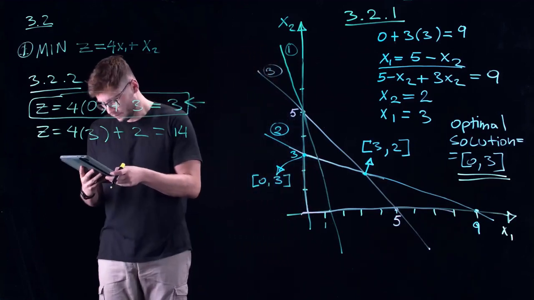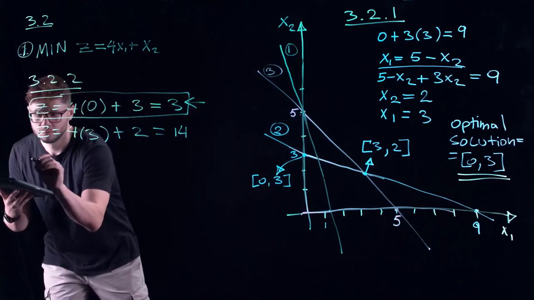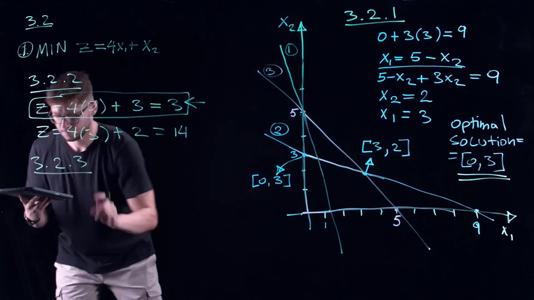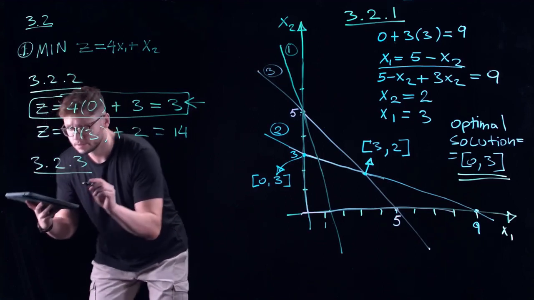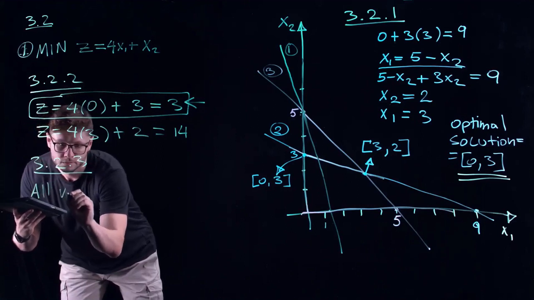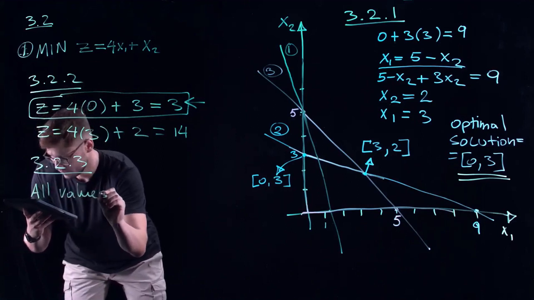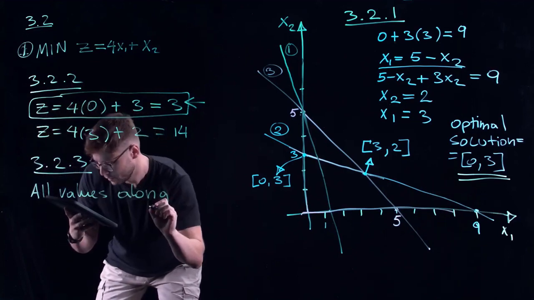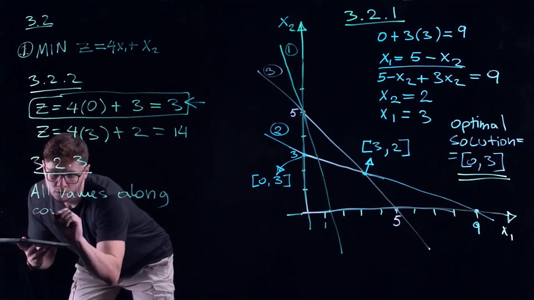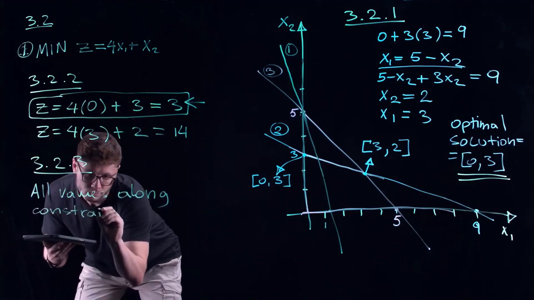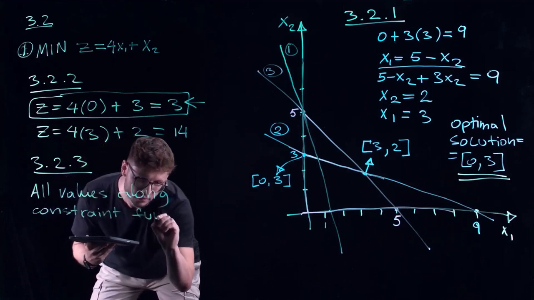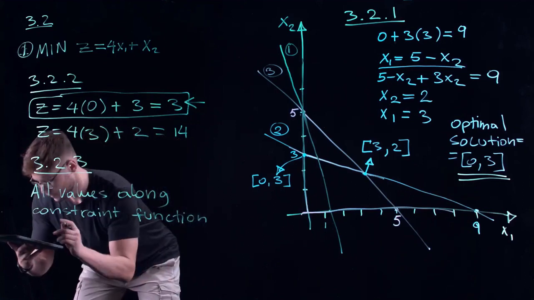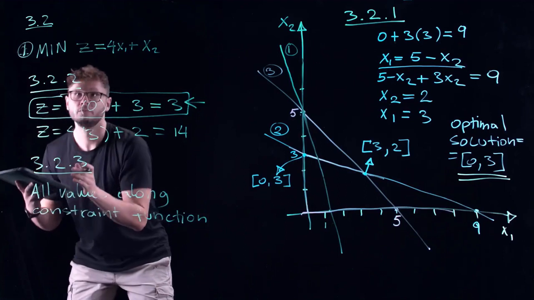So we can write this solution as so. 3.2.3, and we can write this as all values along constraint function, along our first constraint function.